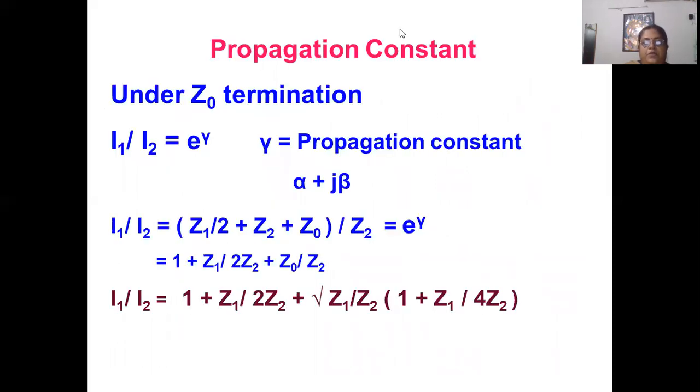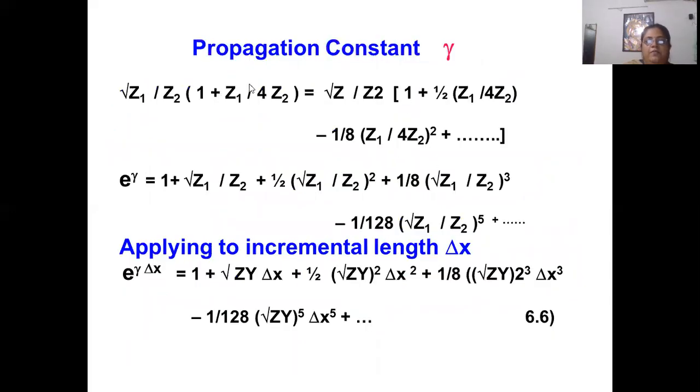Here we have denoted the propagation constant. Under Z0 termination, we have taken the propagation constant I1 upon I2 equal to e to the power of gamma, where we have taken the propagation constant in terms of the impedances. Here we have calculated gamma and applied it for the incremental length.